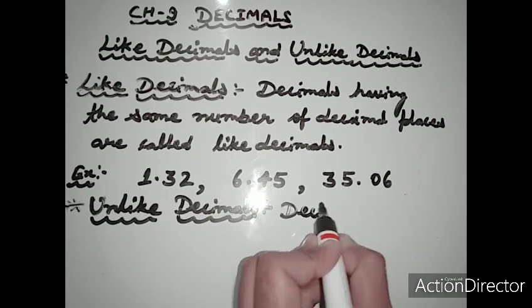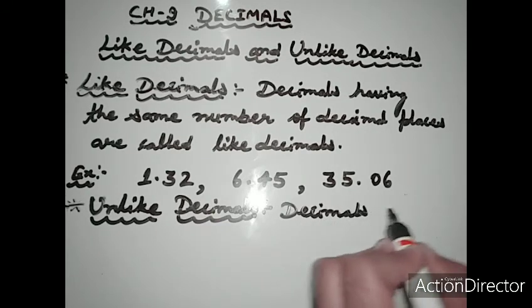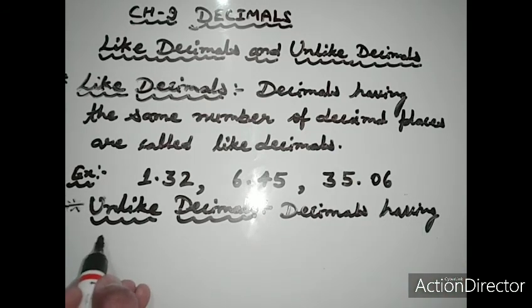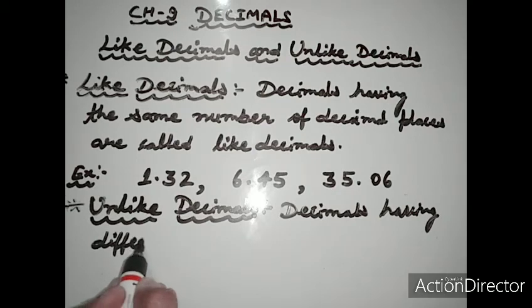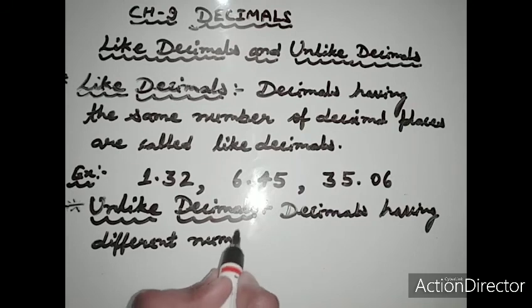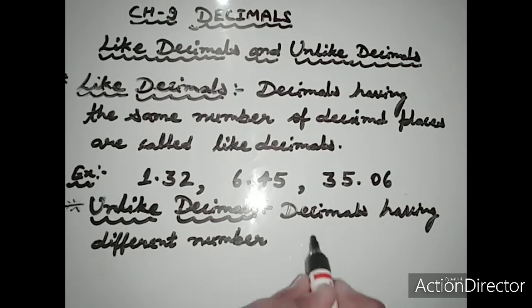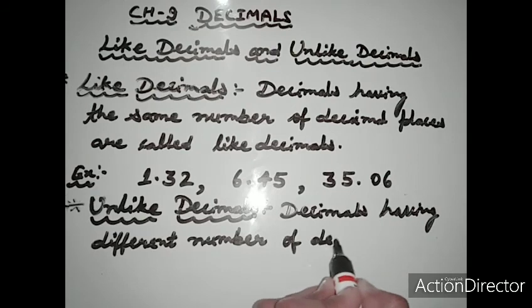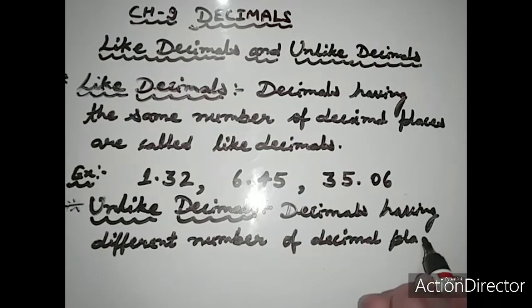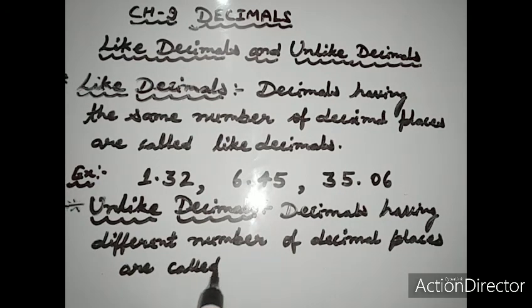Decimals having different numbers of decimal places are called unlike decimals.